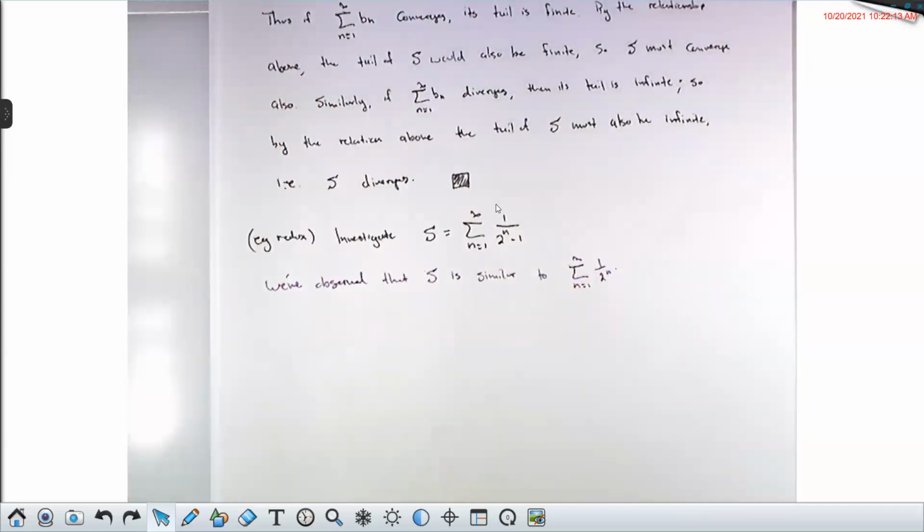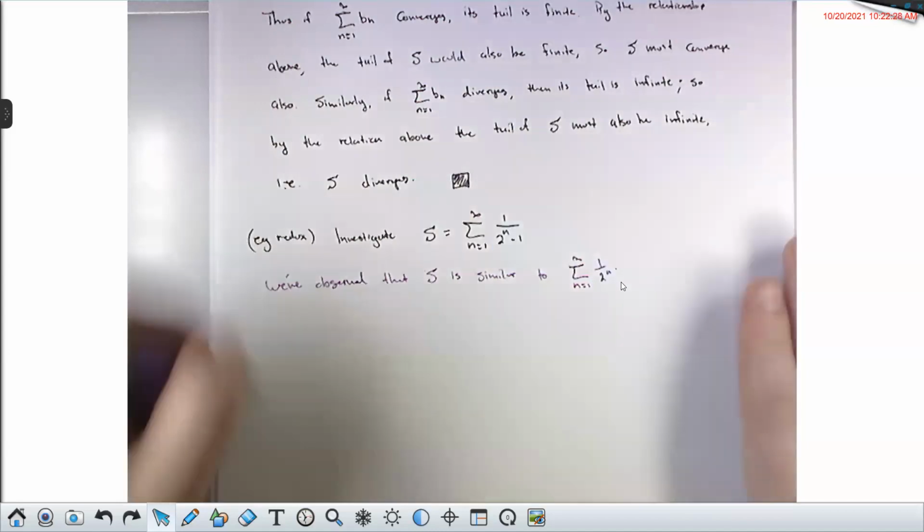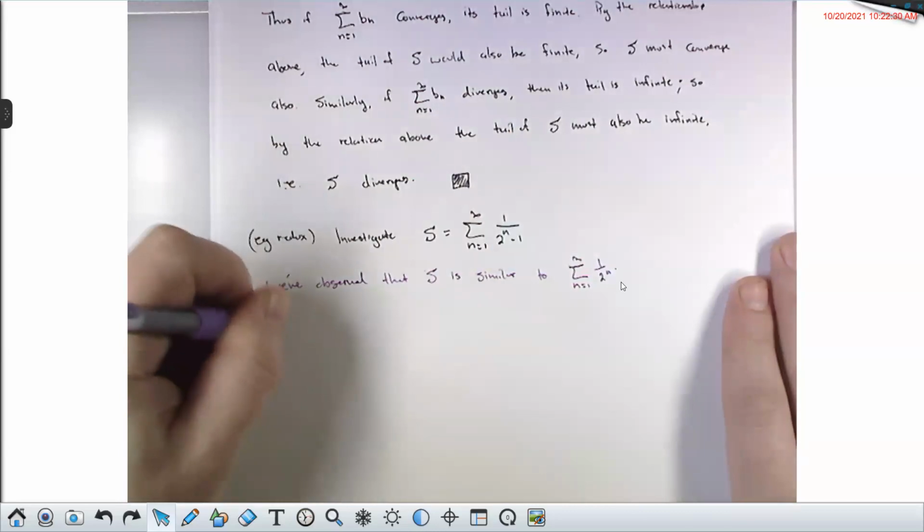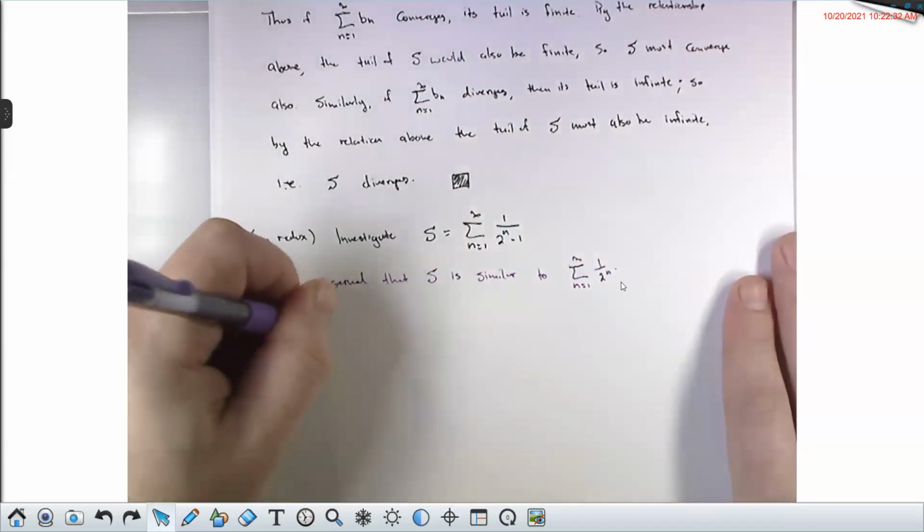So this is my an, this is my bn. With the limit comparison test, an is always your guy, and the bn is always the thing you're comparing to. So now I'm going to run the limit comparison test.